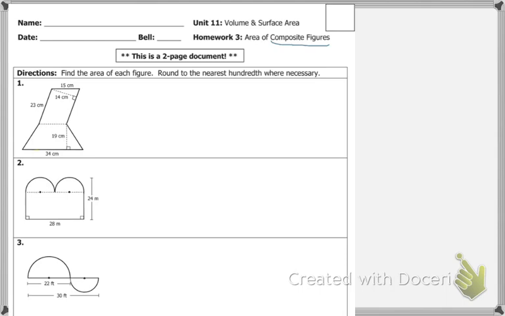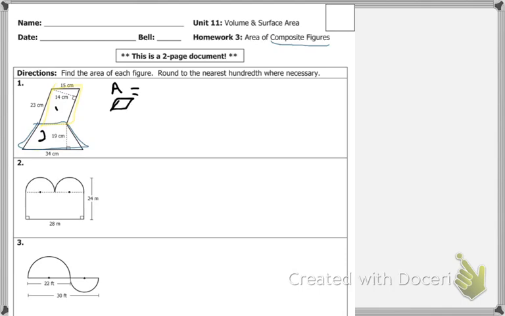For example, number 1, I have a trapezoid down here, and then I have a parallelogram right there. So, split it into 2. This is 1, this is 2. Those are the 2 areas I need to find. I'm going to make my life a lot easier by keeping it simple. So this is the parallelogram.